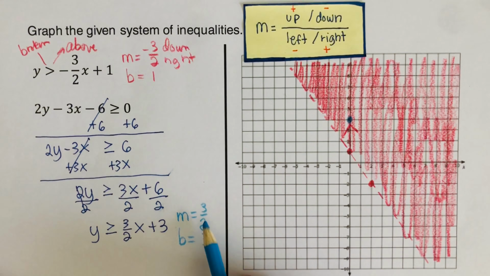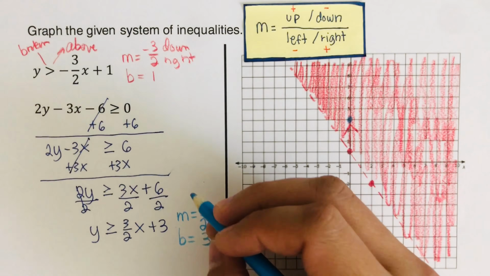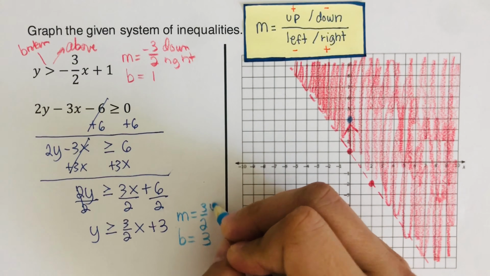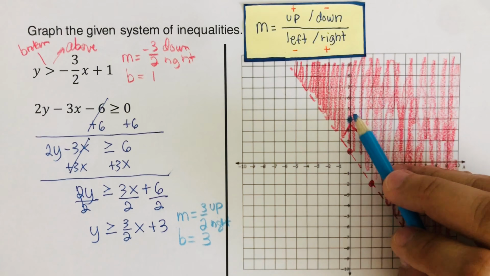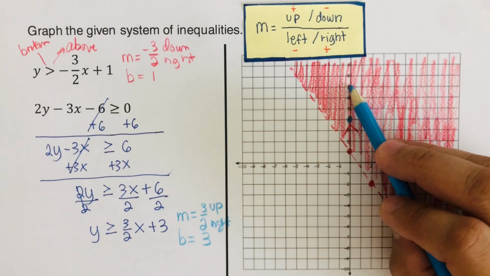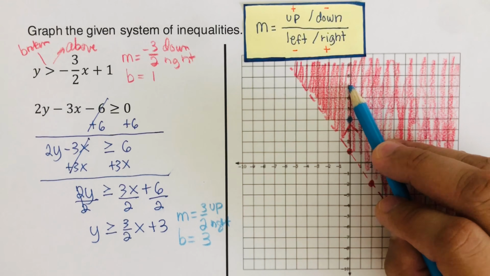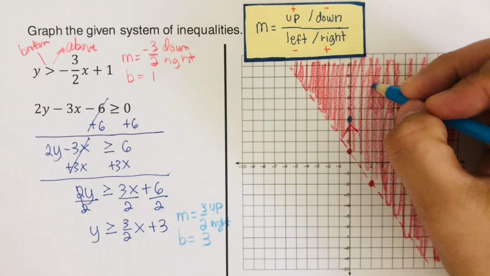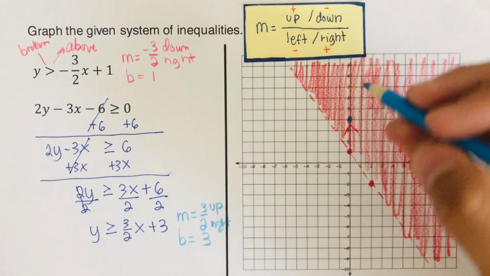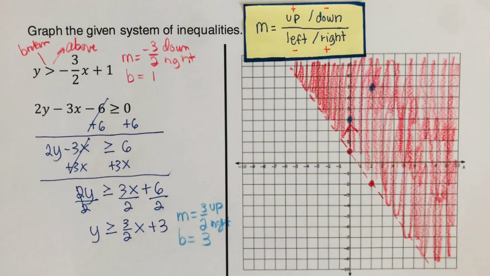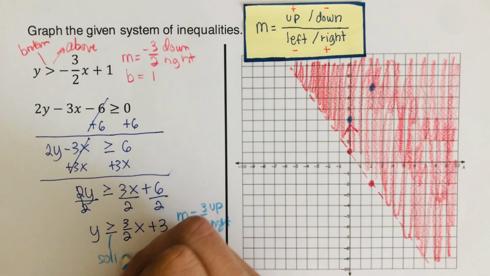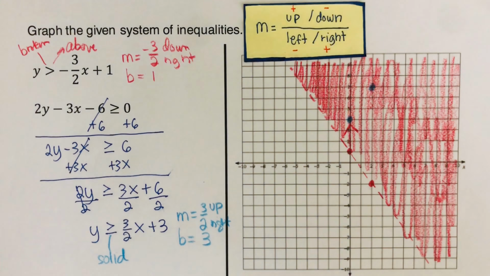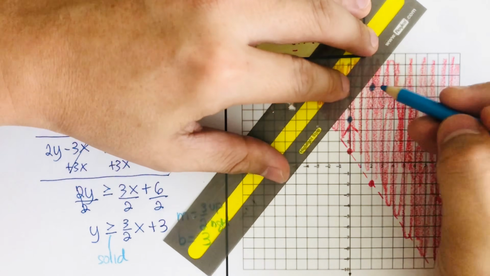And since this is 3 over 2, we go up 3 and we go to the right 2. So I go up 3: 1, 2, 3. I go to the right 2: 1, 2. So this is the second dot, and I'm going to connect these dots together. Since this one has a bar underneath, we're going to use a solid line. So I'm going to draw a solid line that connects these two dots together.